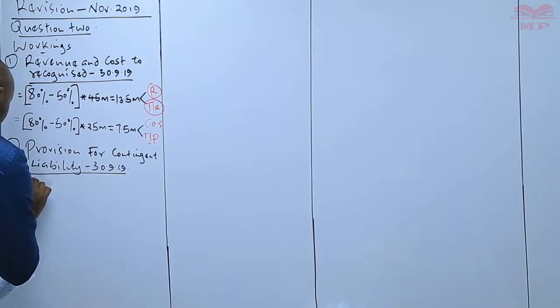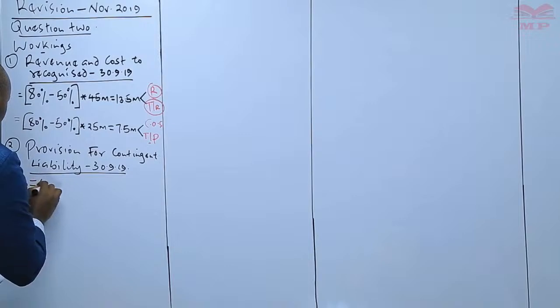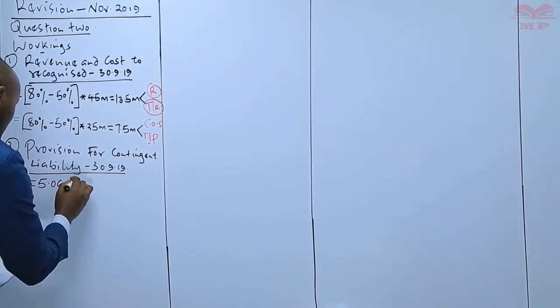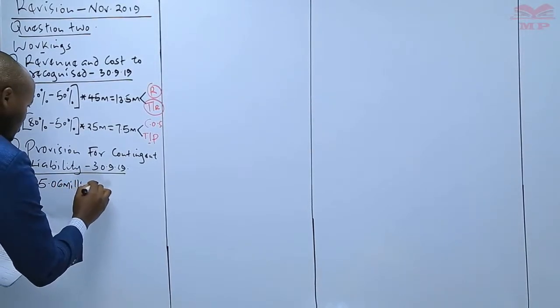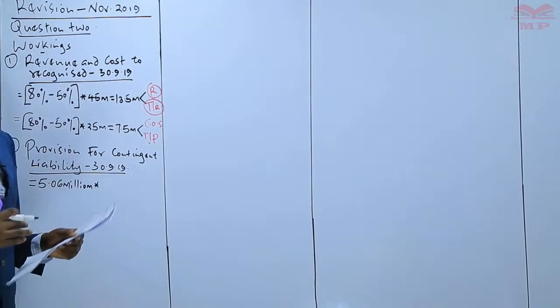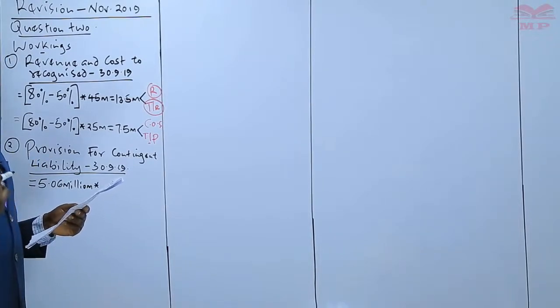And in our case, we are told that the damages which are expected to be paid by the company is 5.06 million, and what we need to do is to discount this, or to get the present value of these particular damages, because we are told they will be paid on 1st April 2020.